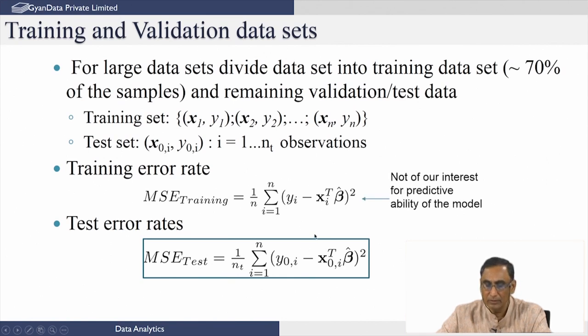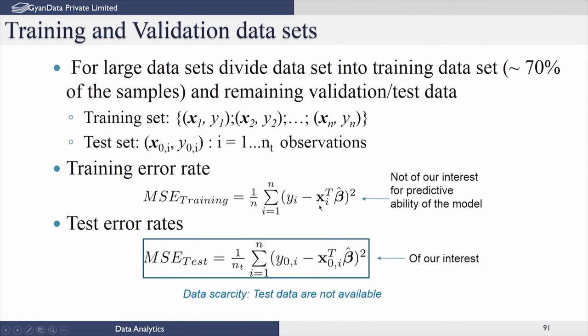The MSE on training is not useful for the purpose of deciding the optimal number of parameters of the model. However, the test MSE, or the mean squared error on the validation data set, is the one we are going to use for finding the optimal number of parameters.